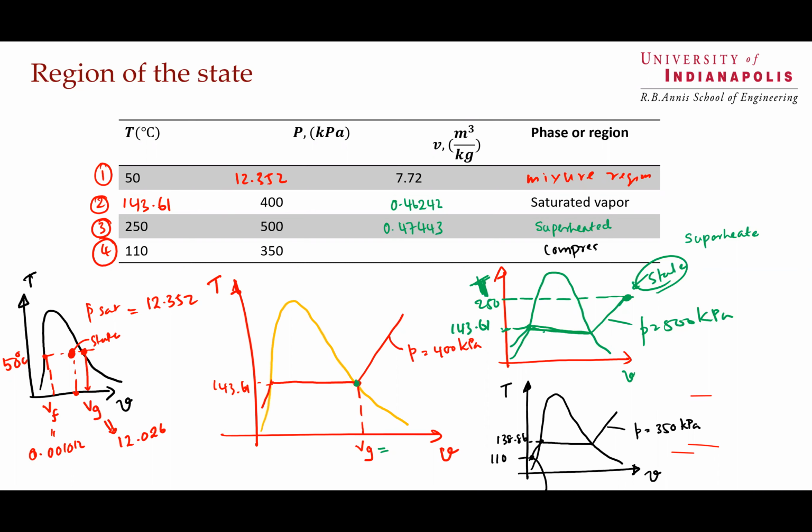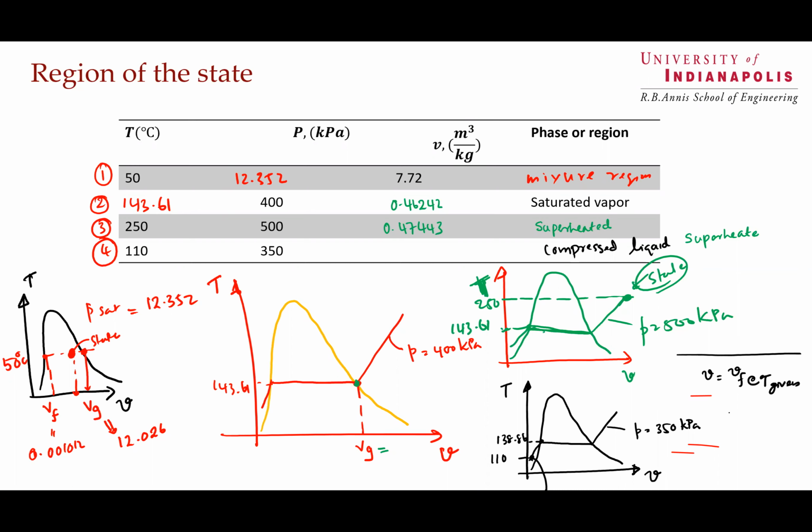Compressed liquid region. So to find the compressed liquid properties, we can either use the compressed liquid table or we can approximate. How to approximate is we can approximate the value of V: V is equal to Vf at T given, in the compressed liquid region.